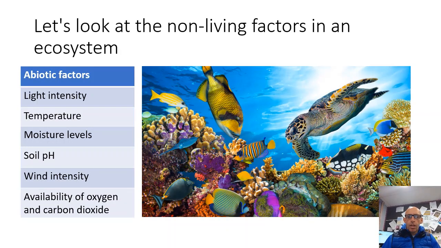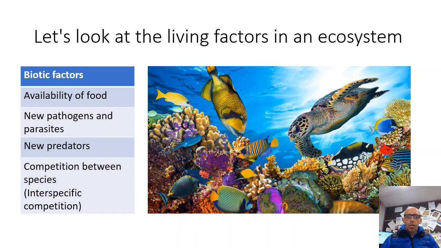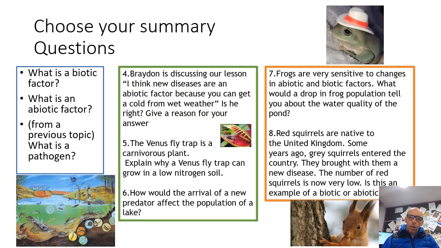And just a quick summary. Are those things that you've listed or mentioned so far abiotic factors about any environment? You can pause on that if you need it. And exactly the same here for the biotic factors. Now, the last part of what I'd like you to do is either choose the green questions or the red questions.